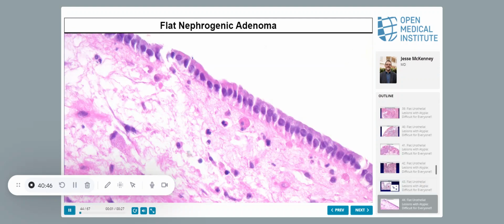So this is flat nephrogenic adenoma. We could go through all the dozens of patterns of nephrogenic adenoma, but the only one that's really relevant to this talk is the flat. So you get this benign cuboidal layer of epithelium. It's a single layer, and if these were on papillae, that's papillary nephrogenic adenoma. So this is very characteristic.